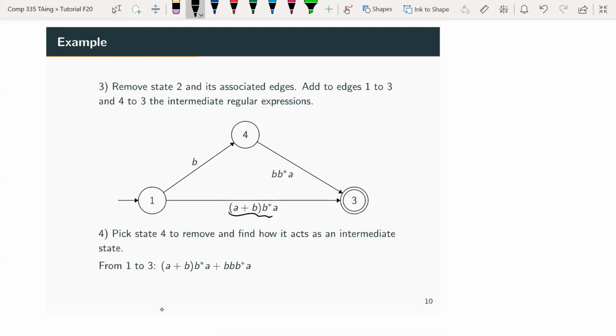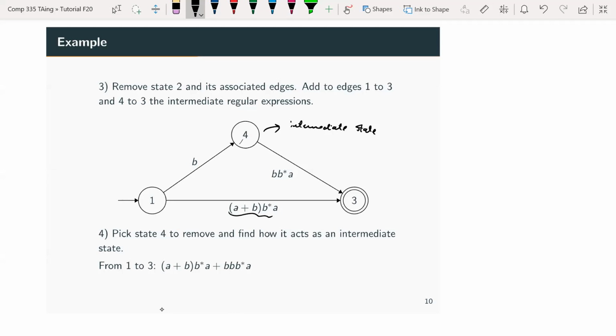So again, you're going to want to repeat this process because you have another intermediate state. So you want to get rid of this intermediate state, and to do that, you essentially need to say, okay, if I get rid of 4, what transition am I affecting, and how can I conserve that transition?